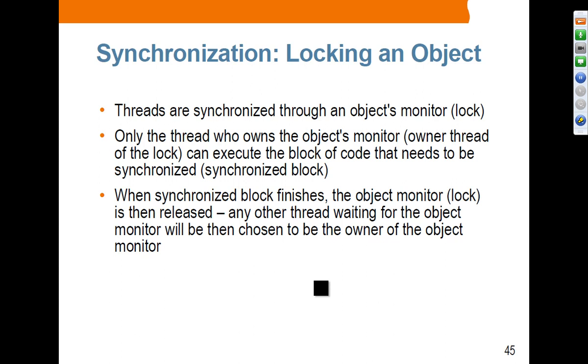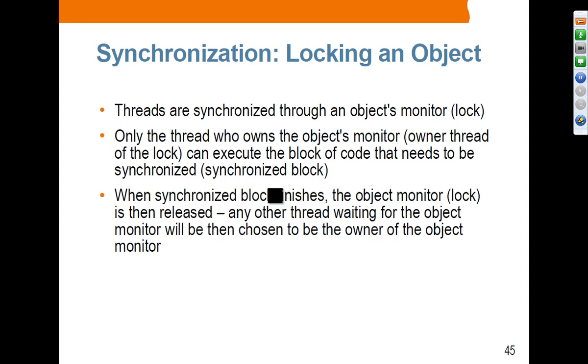Only the thread who owns that lock, the object monitor, can execute the block of code that needs to be synchronized. We call this code block a synchronized block. So a single thread can own the synchronized block as long as it has the object monitor.